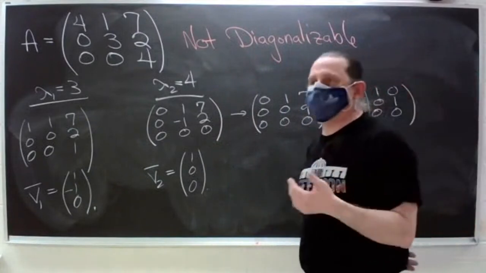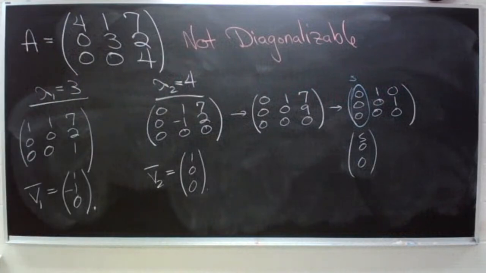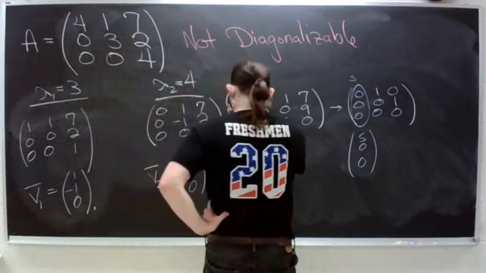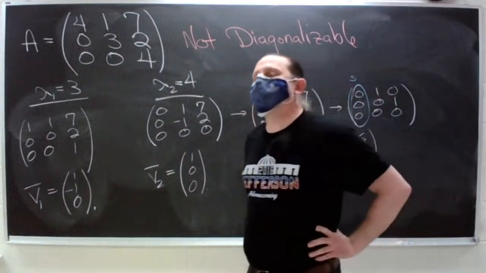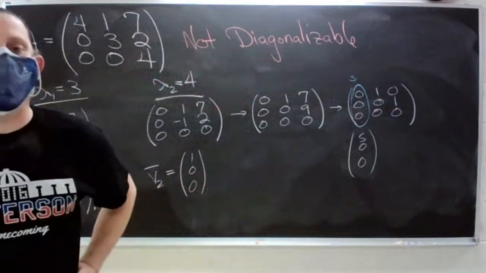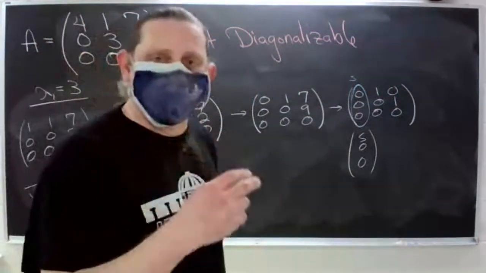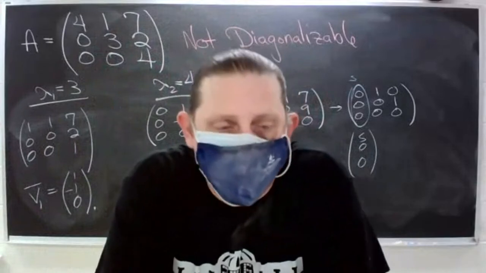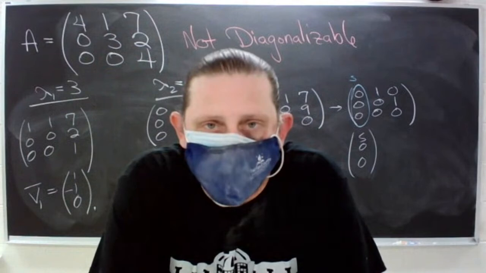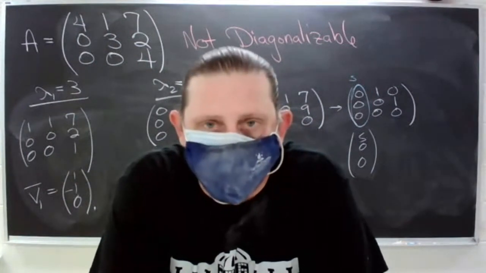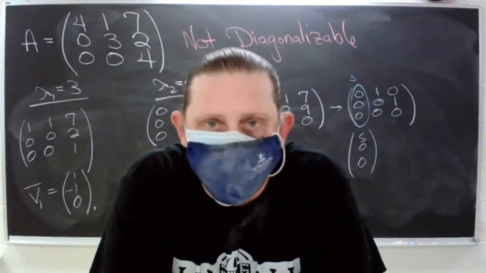It is not similar to a diagonal matrix. So what's the issue? What caused this failure of diagonalizability? Well, we only have two eigenvalues. Every eigenvalue is guaranteed a linearly independent eigenvector. We can prove that shortly.